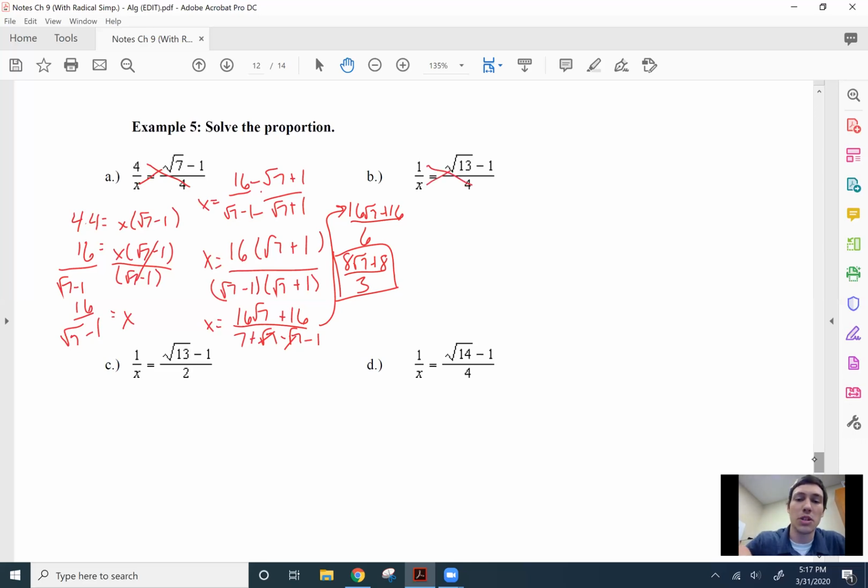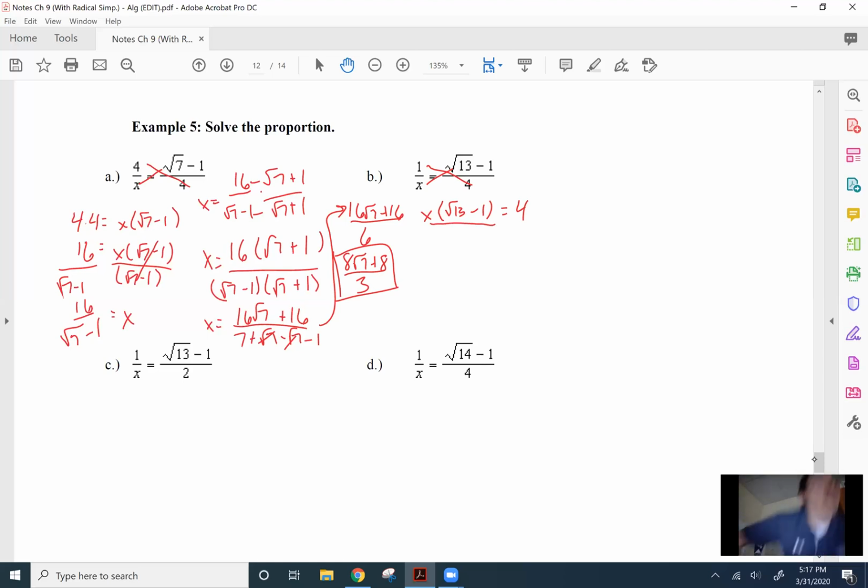This one, cross multiply. So I get 1 times 4, which is 4, equals, actually, I'll write that on the other side. I get x times radical 13 minus 1 equals 4 times 1, which is 4. Again, I need to get x by itself. It's being multiplied by radical 13 minus 1.